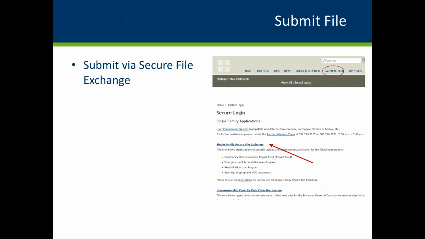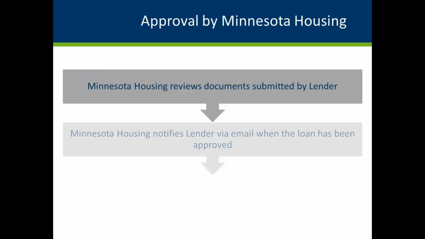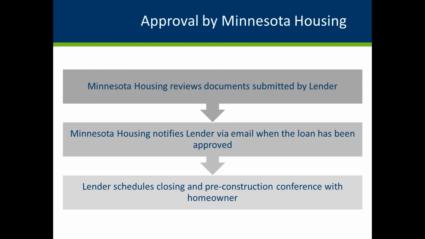You will receive notification of receipt of the upload and additional information regarding the documents that are sent. After all requested documentation has been received, reviewed, and approved, an approval letter will be returned via email. Do not proceed with closing the loan or starting the project until you receive an approval letter via email from Minnesota Housing staff.